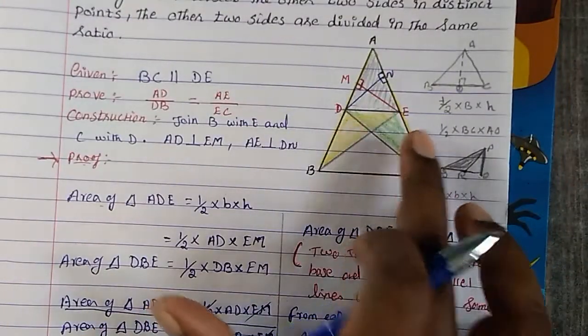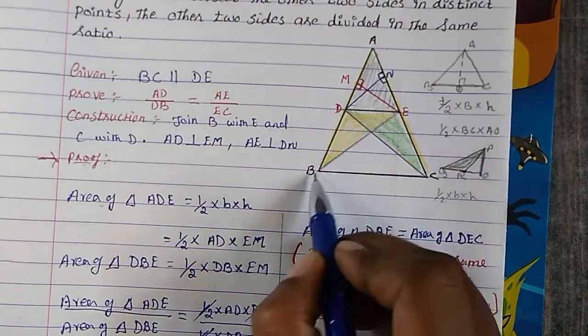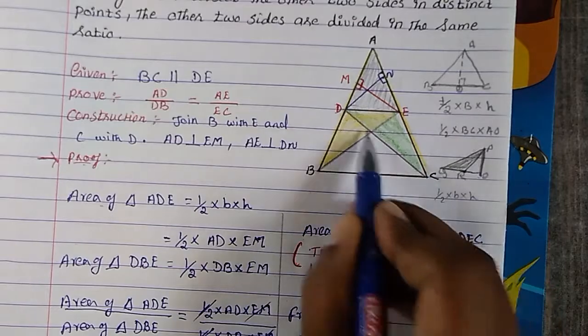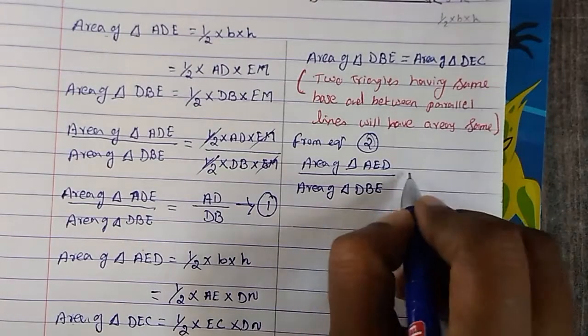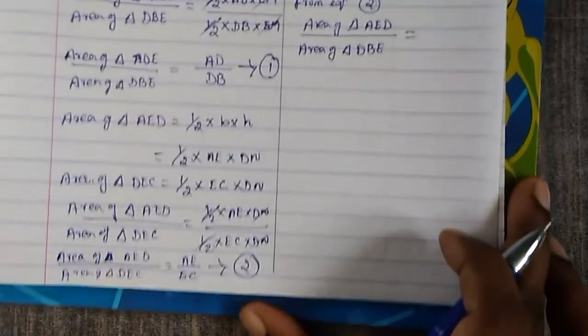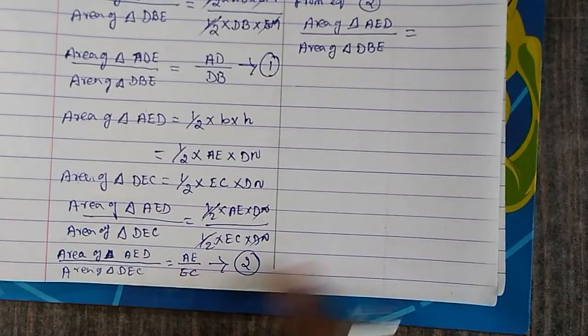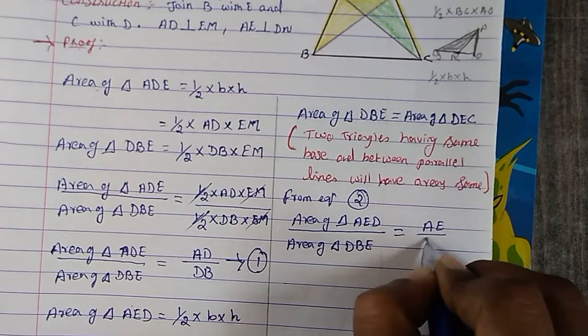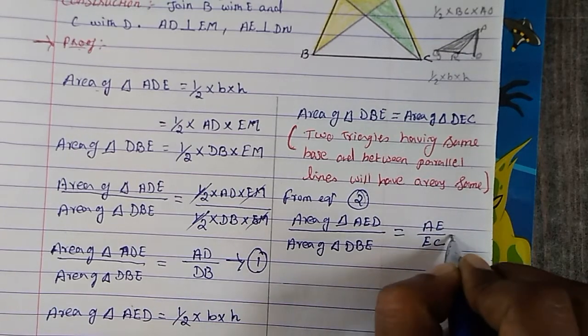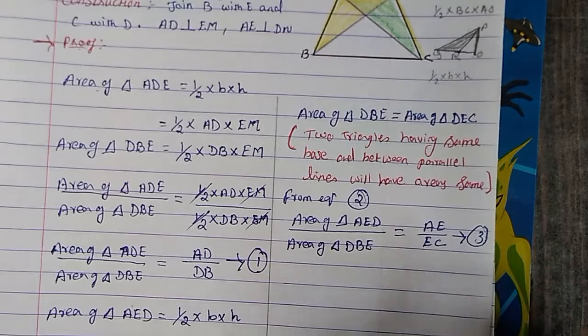Whether you write DBE or DEC, anyone, because both are the same. So this is equal to AE upon EC. This is our equation 3.